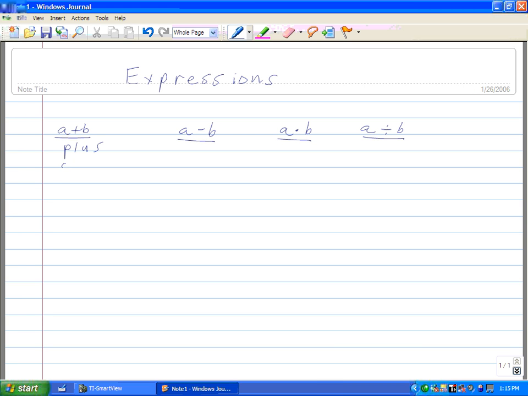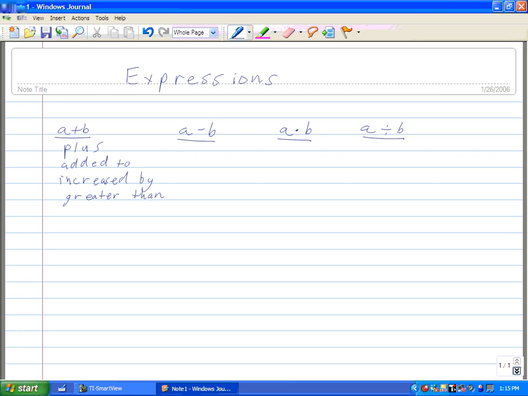We could also say that we're adding, or that A is added to B. We can say that A has been increased by the amount B. And we could also say that A is B greater than some other amount, making sort of a comparison in that particular phrase.